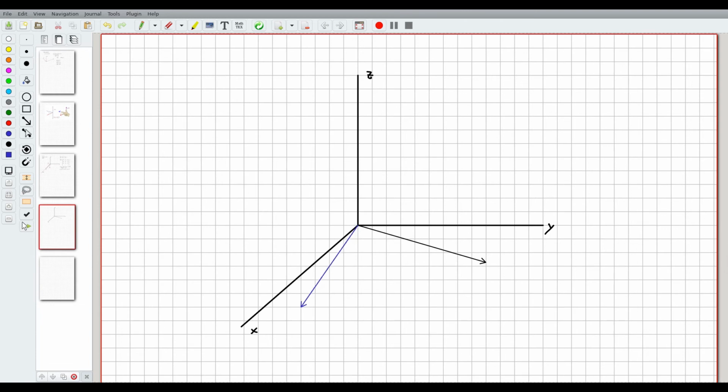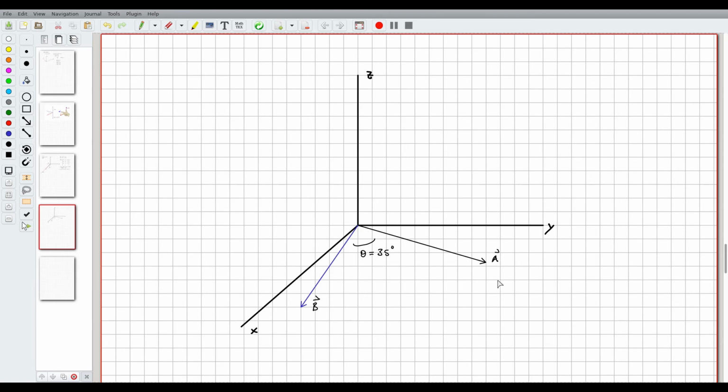Here, the angle between vectors A and B we'll call theta, much like the dot product. Just as an example, I'm going to let theta equal 35 degrees.